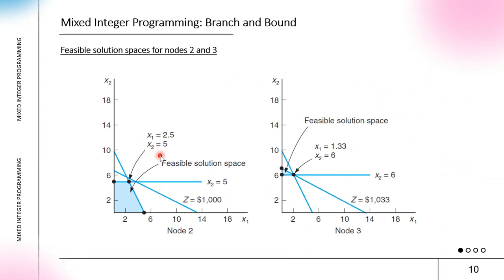We can see the effect of adding the constraint x2 lower than or equal to 5 to the feasible region of the relaxed LP form of the optimization problem. In the same way, for node 3, in the graph on the right side of the slide, we can see the effect of adding the constraint x2 greater than or equal to 6 to the feasible region of the relaxed LP form of the optimization problem.